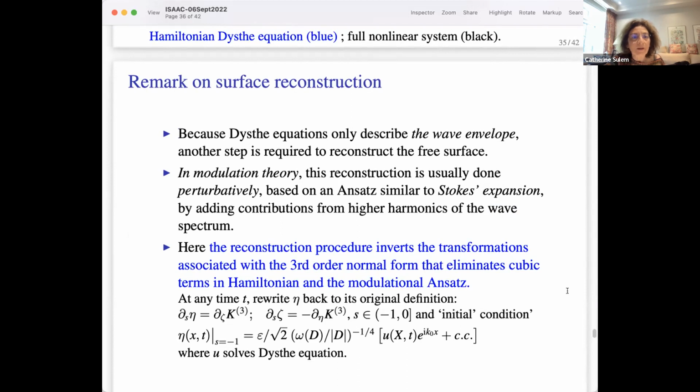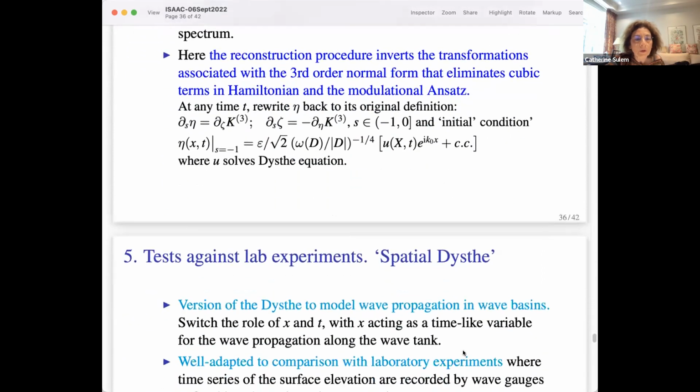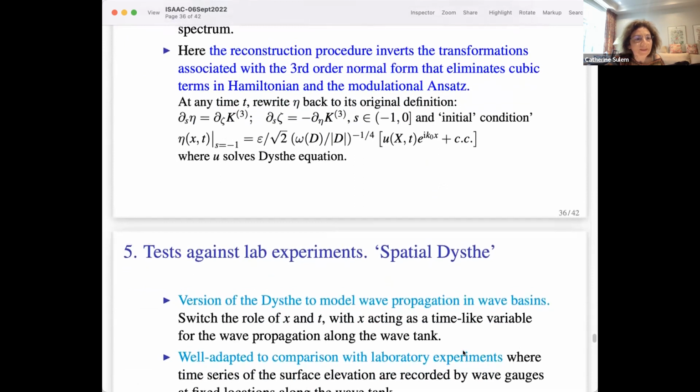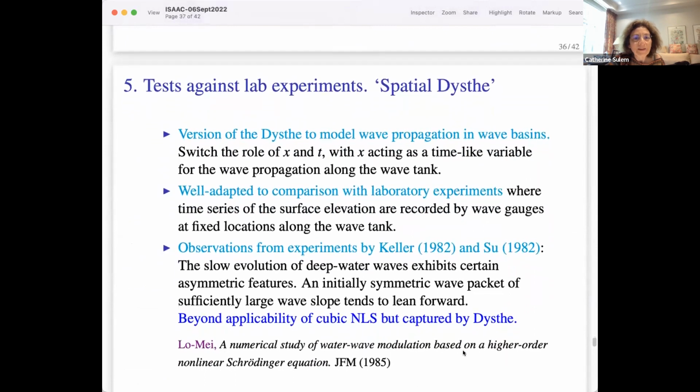In our case, the reconstruction is done by inverting the transformation associated to the third order normal form and the modulation ansatz. So it's not a perturbative calculation. It just inverts transformations.